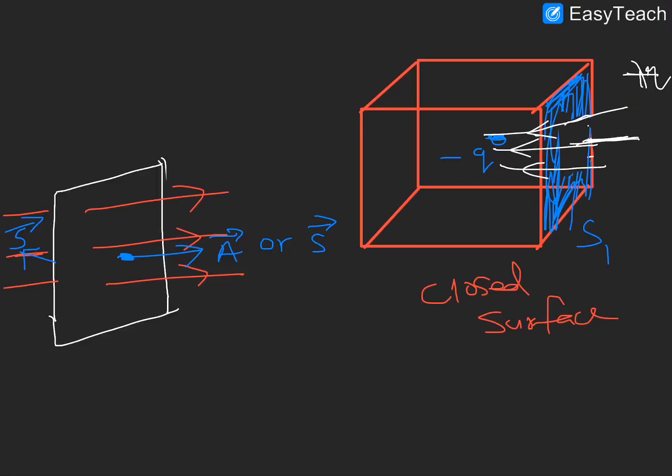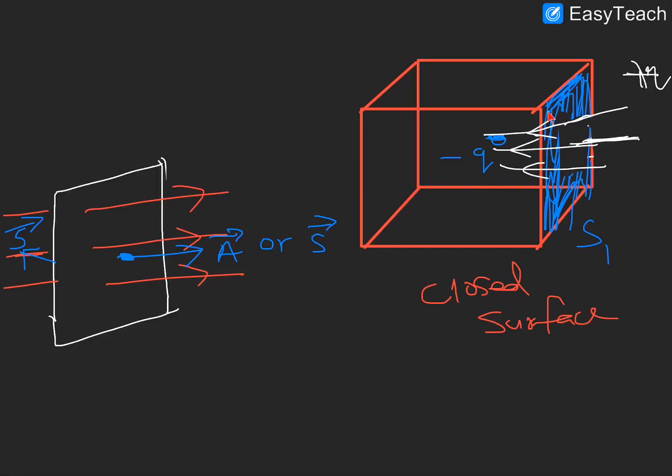It is an inward direction. So this flux is said to be negative flux because it is moving inward, inside the cube. It is not coming out of the closed surface, but going inside the closed surface. Such flux is said to be negative flux.